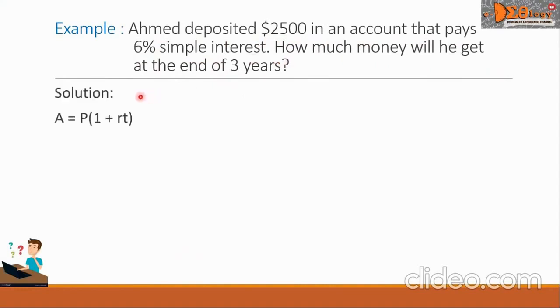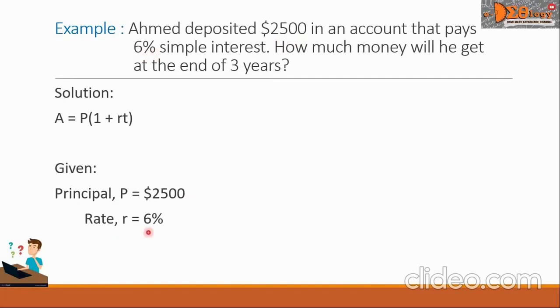For our solution, first let us write the formula. And then let us list the given. First is the principal, denoted by P, and that is the $2,500. Next is the rate, denoted by small r, and that is the 6%.